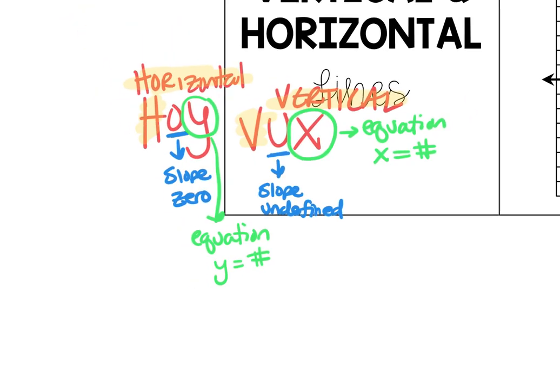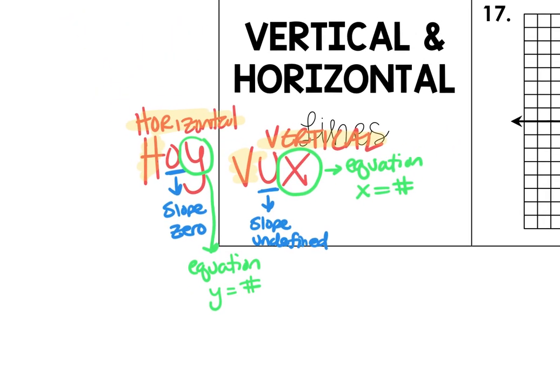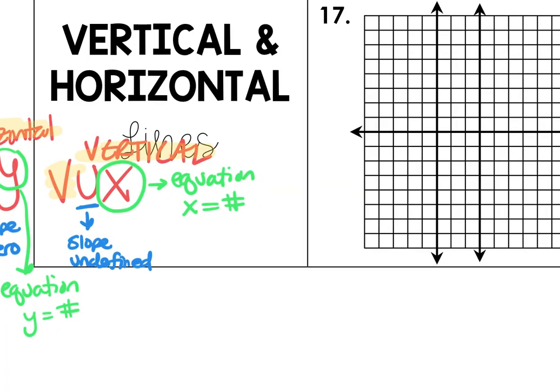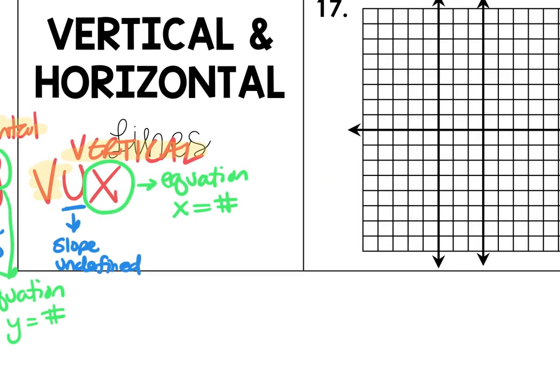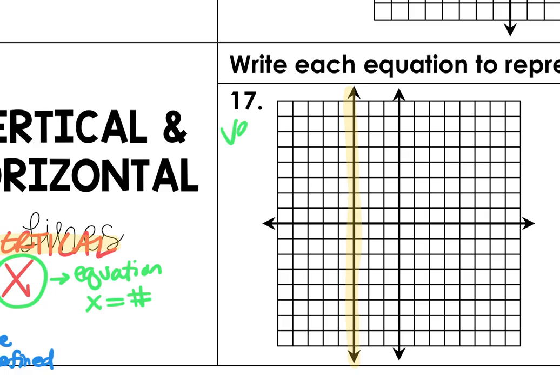So let's take a look at what we have happening on number 17. Honestly, all I really need to know when I look at this is I have to ask myself, what kind of line is this? Is this a horizontal or a vertical line right here? Okay, that's a vertical. And so since it's vertical, what's coming to mind is that VUX.